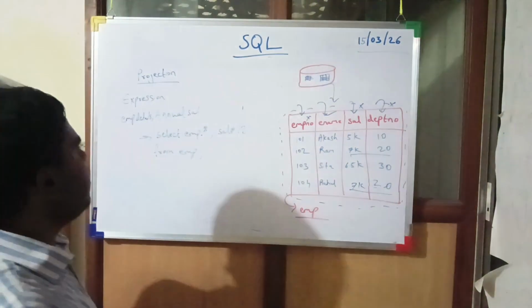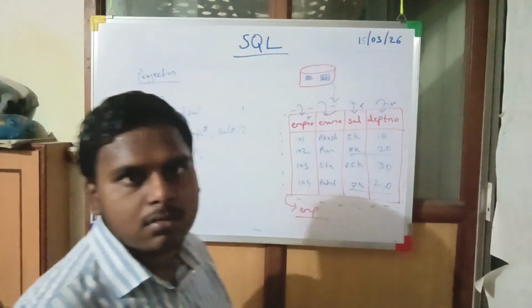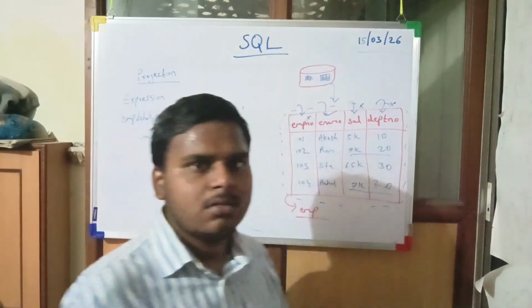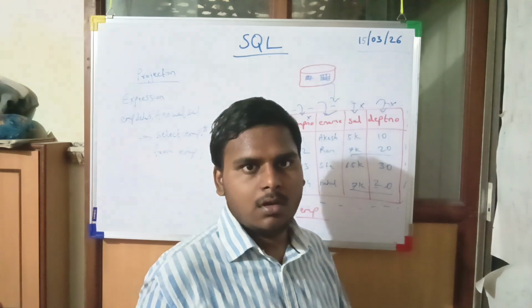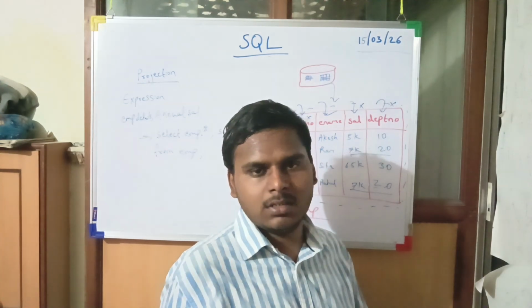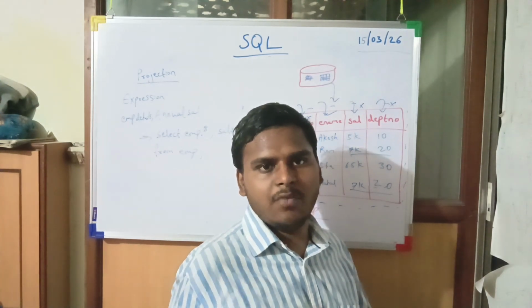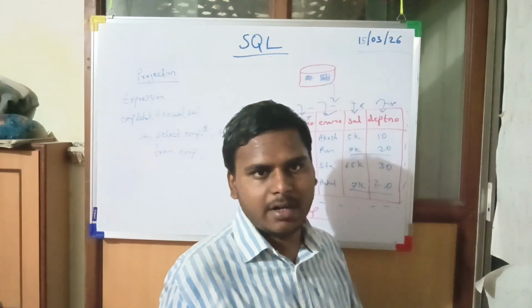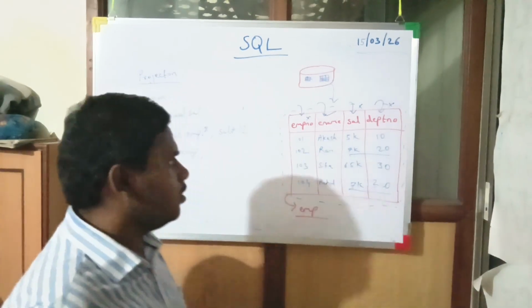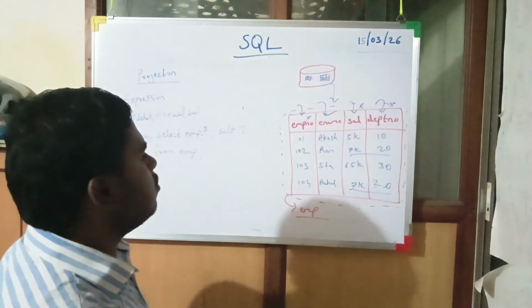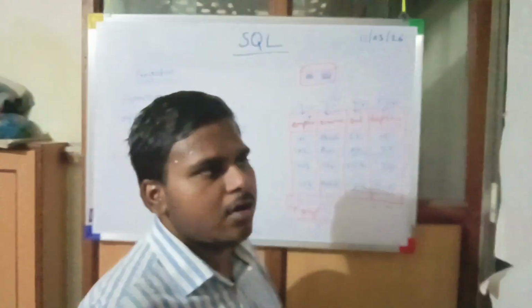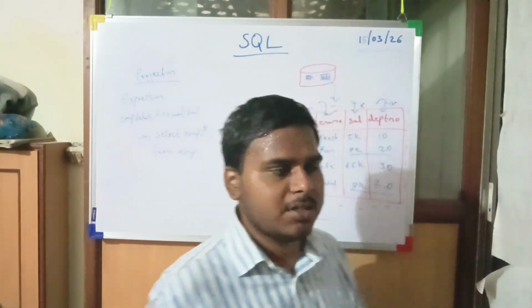Now suppose I want the quarterly salary. That means 1/4. One year is 12 months, so you can write sal into 12 by 4, or sal into 3. You will get the same output. Suppose you want to increment the salary by 500 or by 10%.